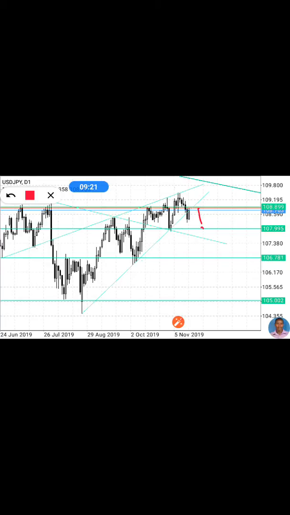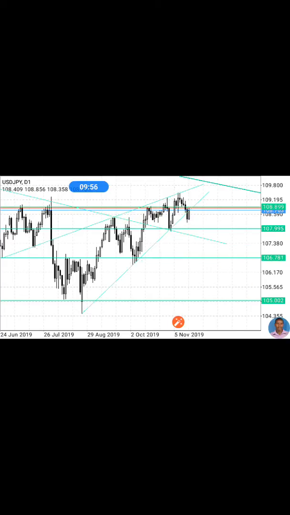And if this horizontal line is broken following a retest, maybe something like this, the price would fall again, and when it falls, I'm expecting it to respect this trend line. If it breaks this trend line again, we have the next horizontal line, which is this one. If it breaks this horizontal line following a retest, we're expecting this point.